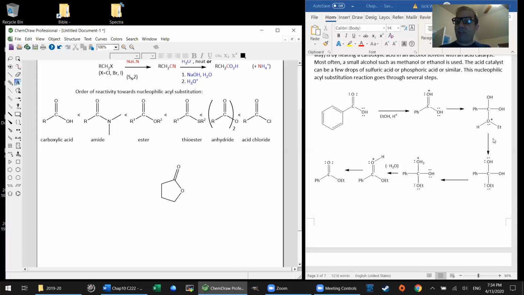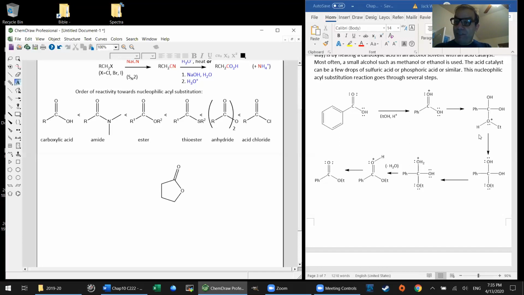We saw something very similar in the conversion of a ketone or aldehyde to an acetal. And that was in chapter 9. There are a lot of similarities between making acetals and making esters. I would say functionally, or in terms of setup, they would be done very similarly.